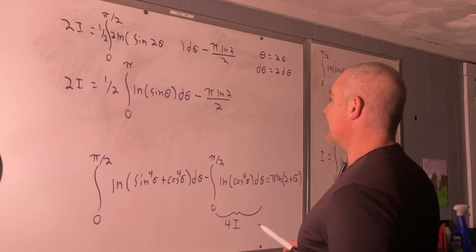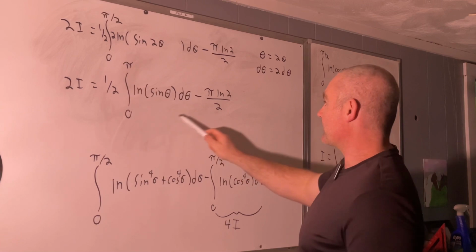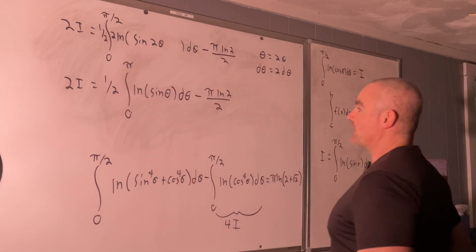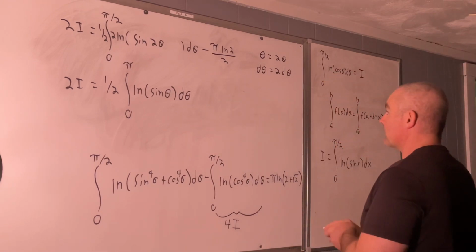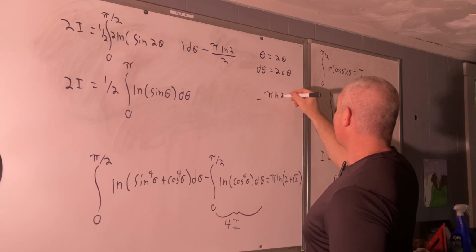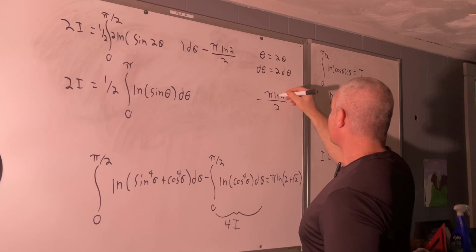Next step is we want to break this up into two separate integrals, don't we? So let's break that up into two separate integrals, and I'll put that minus pi natural log 2 over 2 over here.